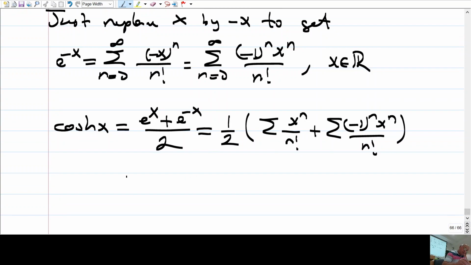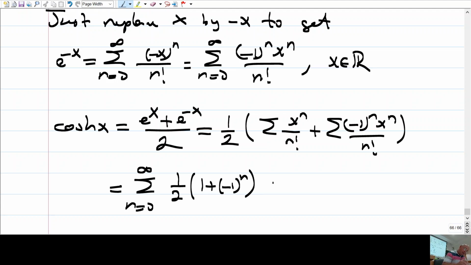Okay. So this is just the sum from 0 to infinity of 1 over 2 times 1 plus minus 1 to the power n, times x to the power n divided by n factorial, right?